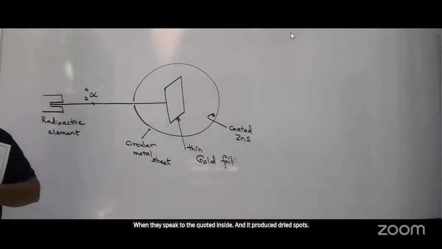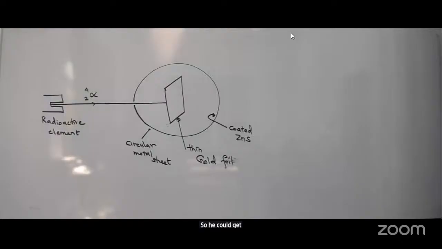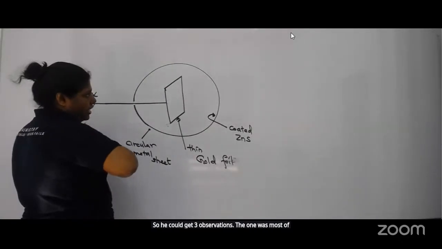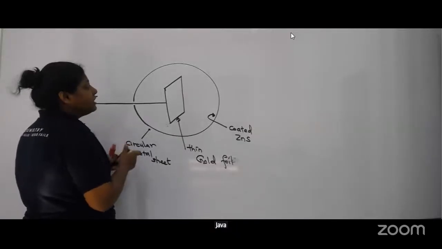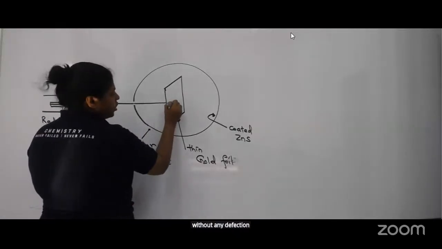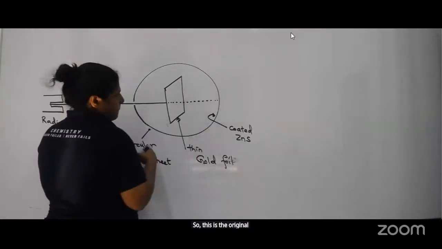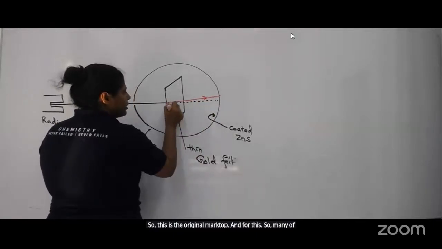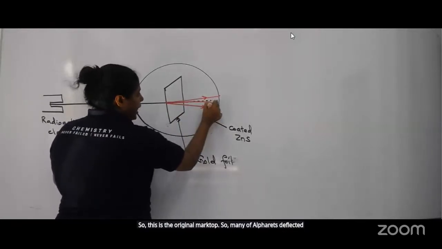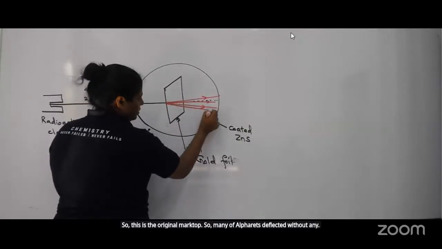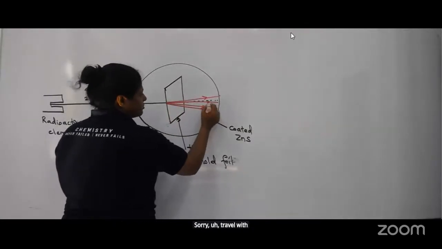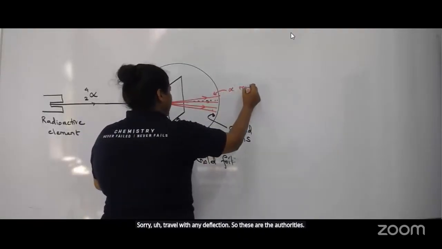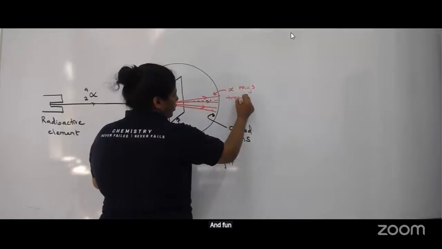So he could get three observations. The first was that most alpha rays travel without any deflection.